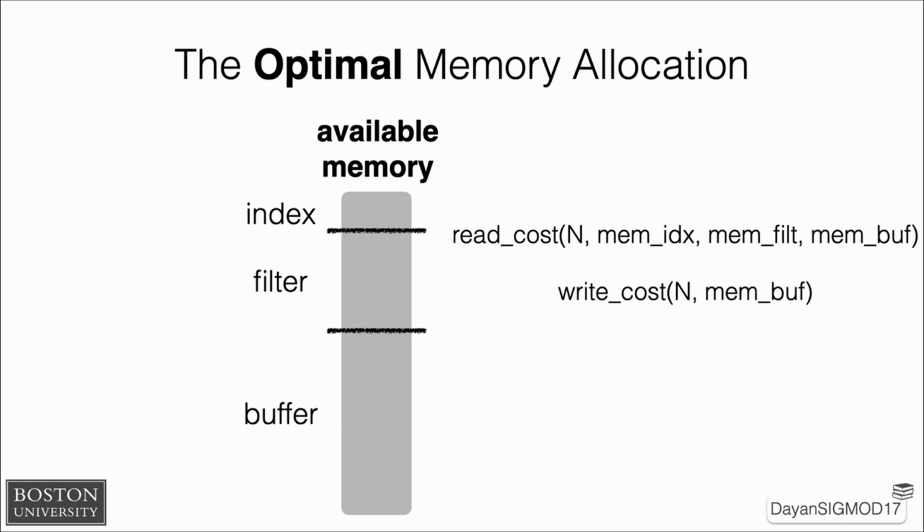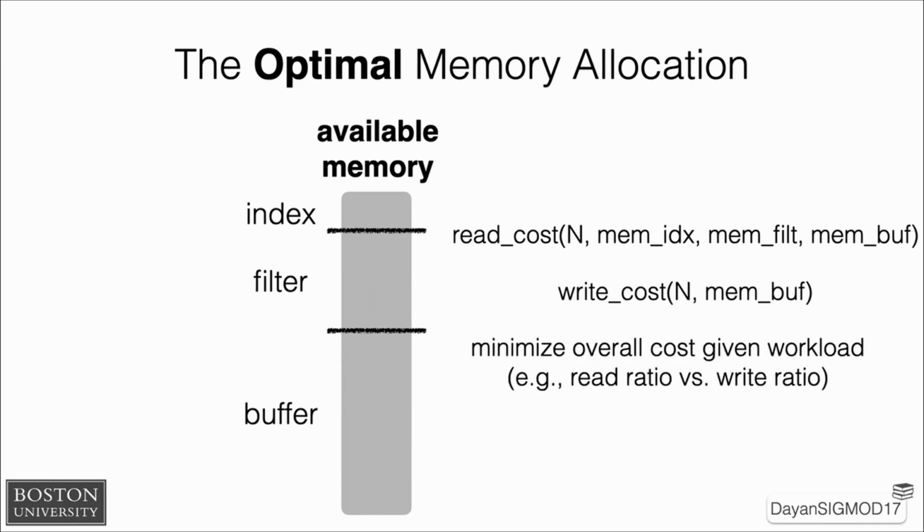If we have these two costs, we can formulate an optimization problem. Given the workload, for example how many read queries, writes, range queries, what the selectivity of the range queries is, how many updates, and so on, we can figure out how to distribute the available memory between the buffer, the filter, and the index.